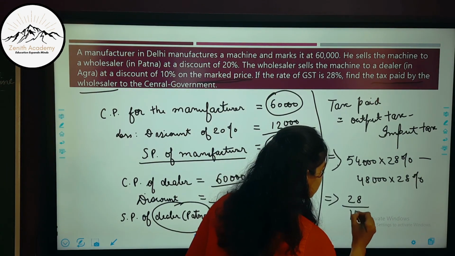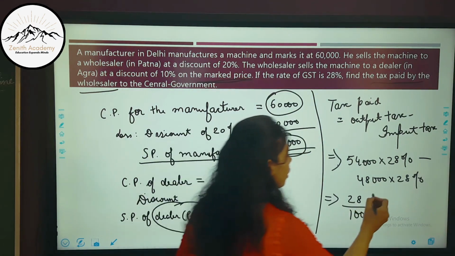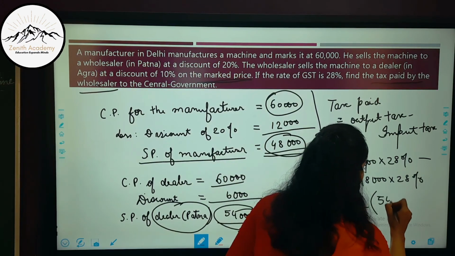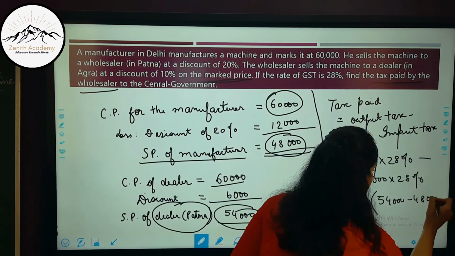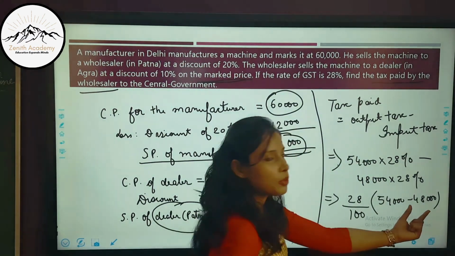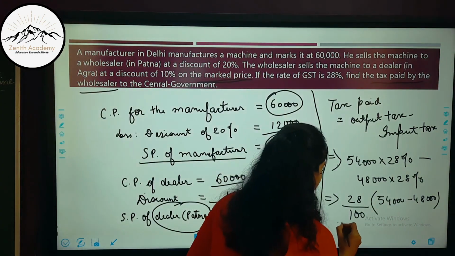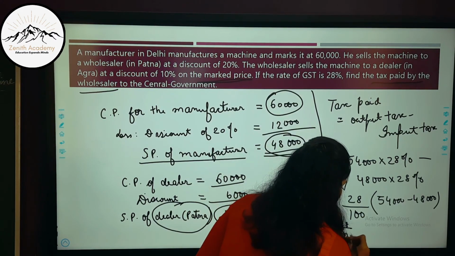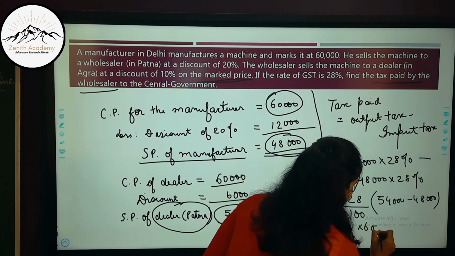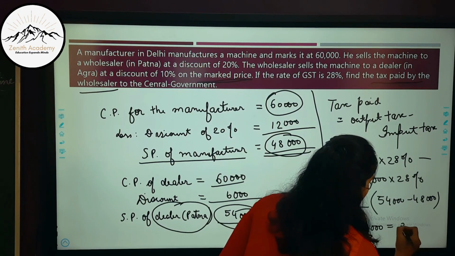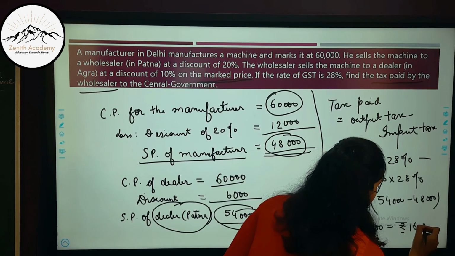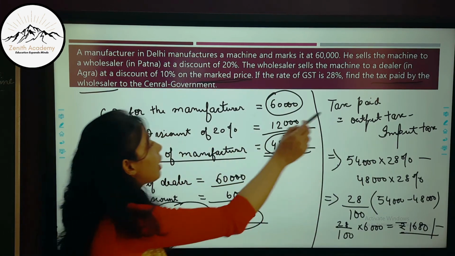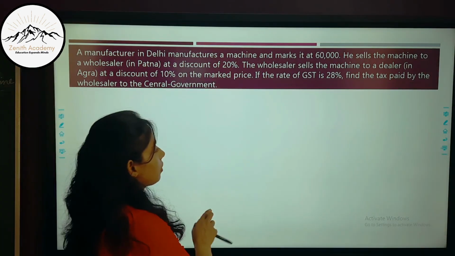So we can write 28% as 28 by 100 into 54,000 minus 48,000. What is 54,000 minus 48,000? 6,000. Which will give us 1680, and which is our answer, the tax paid by the wholesaler.